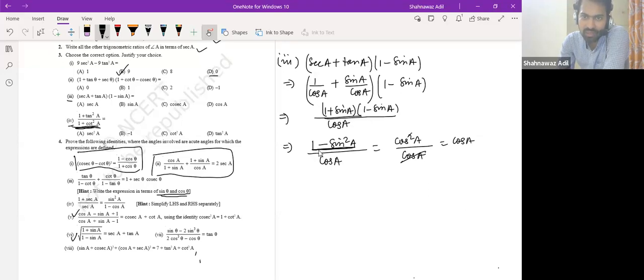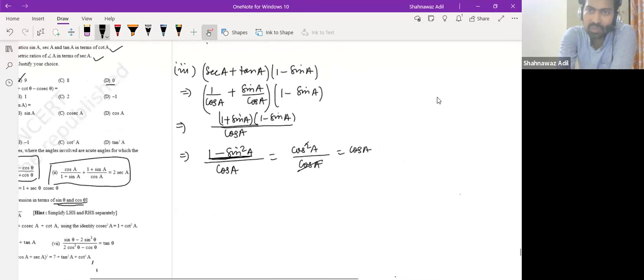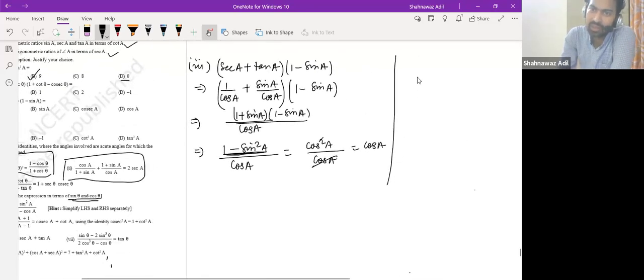Why was this cos square A? Everybody got this? Whenever we have any confusion, we get back to the identity that we have. We know that sine square A plus cos square A is 1.